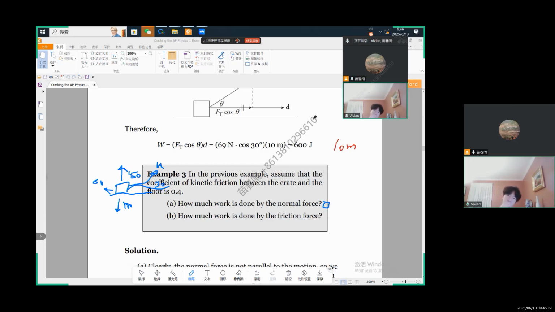Well, not so. I have a formula for friction, right? Oh, wait, why did I get 60? Oh, yeah, 0.4 times 150. 60 newtons. And if it's going negative 10... Oh, wait.